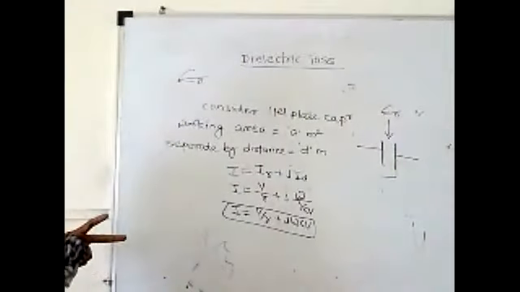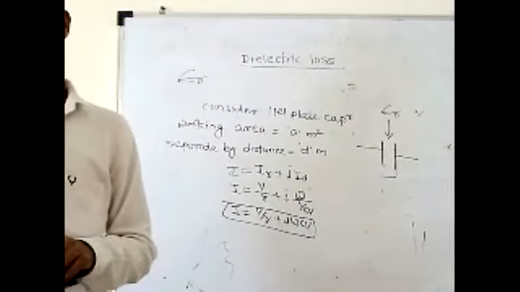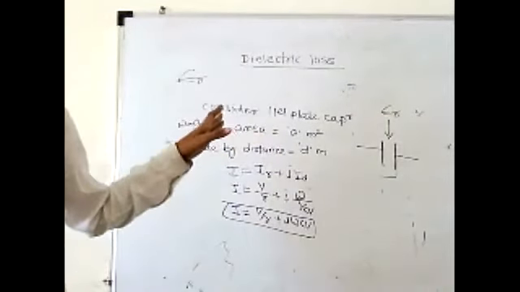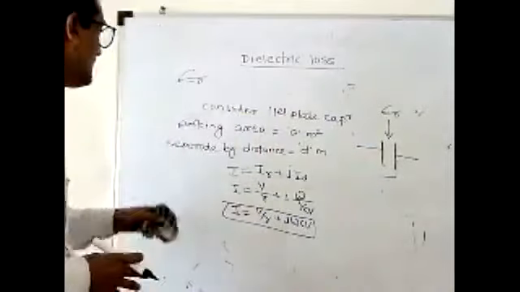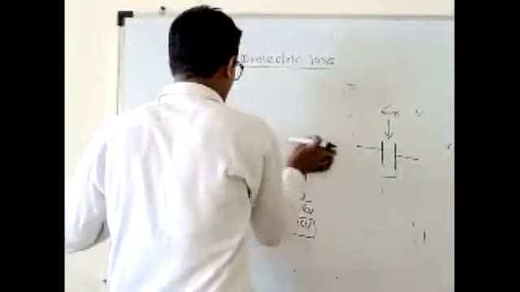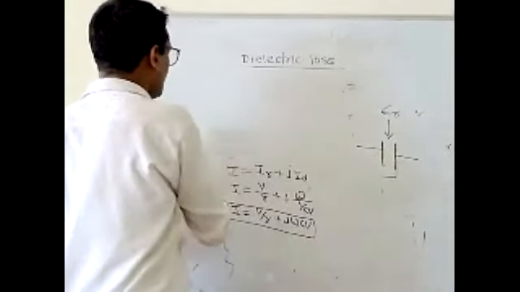IR is the conducting current and ID is the displacement current. Okay, in case of a lossy dielectric, before some time we drew a lossy circuit which contains only an AC supply with one capacitor.